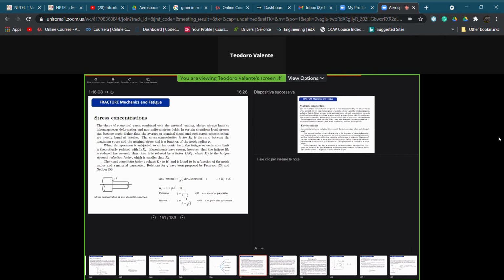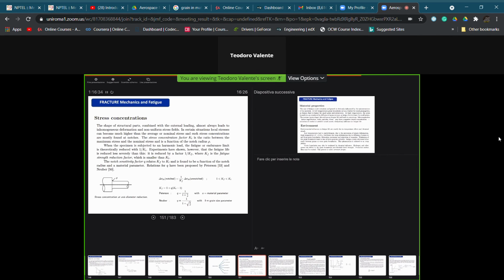Stress concentration, that's an important thing. Do not consider the stress concentration concept equivalent to the stress intensity factor that we have seen discussing fracture mechanics, because that's another matter.